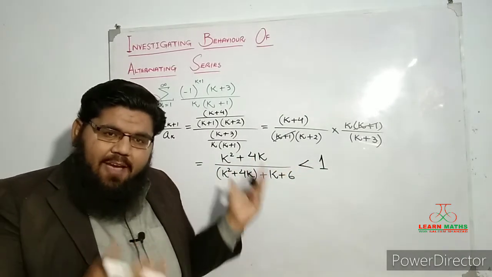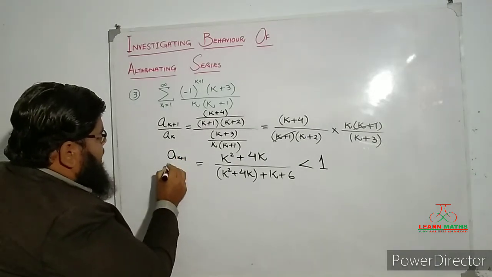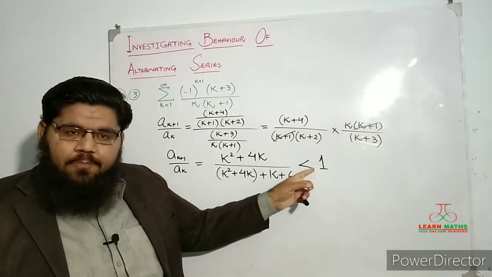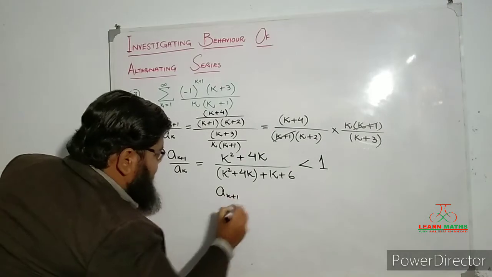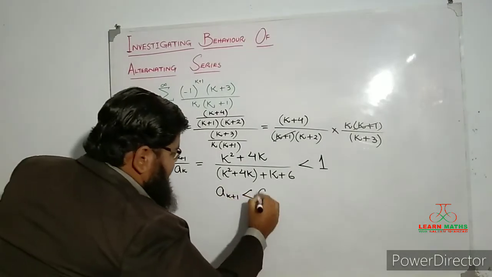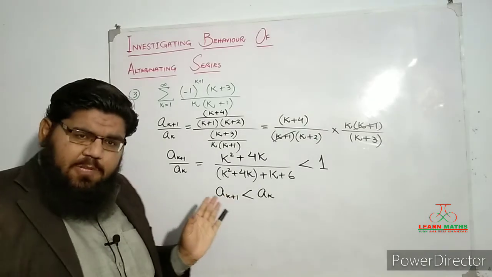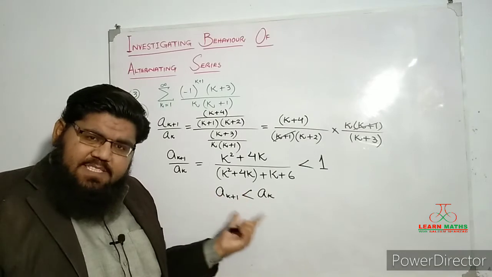So what do we have? We have the quotient of a_{k+1} with a_k less than 1, and from here you can write a_{k+1} is less than a_k by performing a simple algebraic manipulation step. And what does it show?